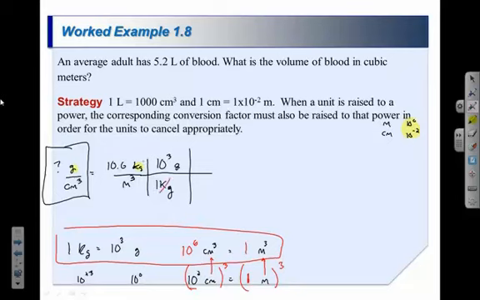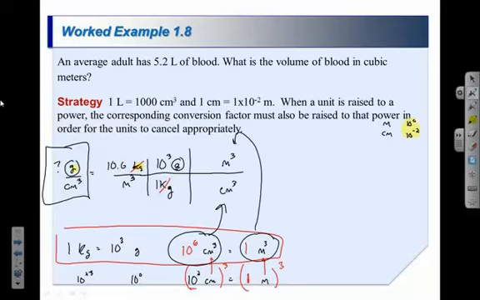The kilograms now cancel. I've got the unit I want on top, so I don't need to do anything more with that. But the unit on the bottom is not correct, so I need to cancel the meters cubed. It's already there, so I need it on top to cancel it out. And I need the centimeters cubed on the bottom. So I want to put this value here and this value up here to make it equal 10 to the 6th centimeter cubed equals 1 meter cubed.